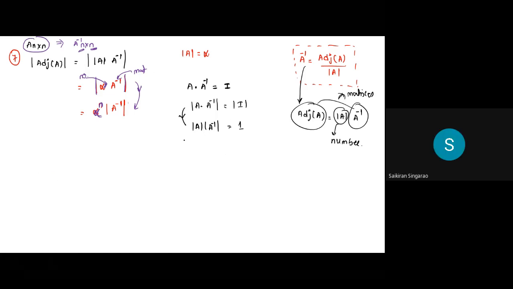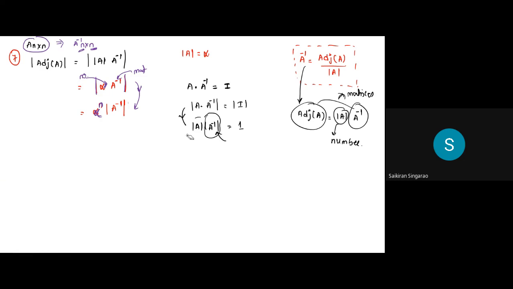Now, this is a number or a matrix? Can you tell me, is this a number or a matrix now? This fellow and this fellow. I could see only one fellow is speaking, sir. Others also please try to talk. This is a matrix, right?